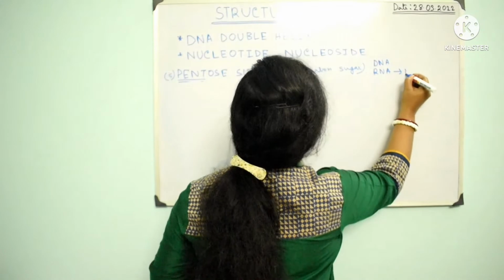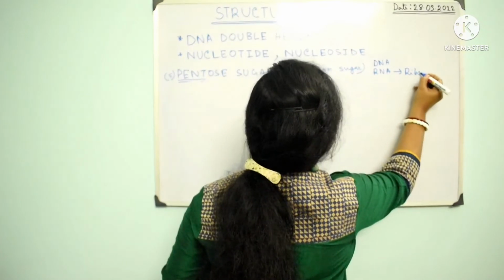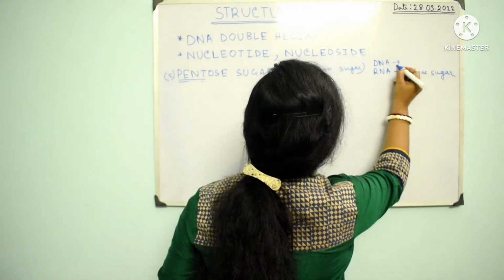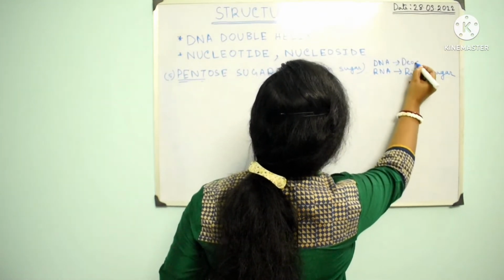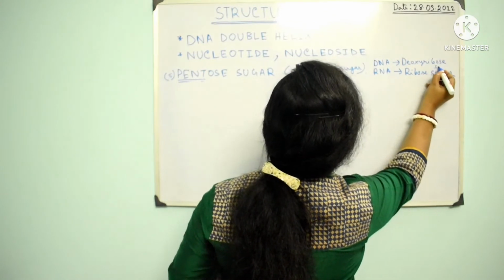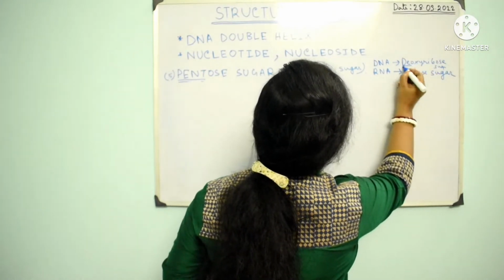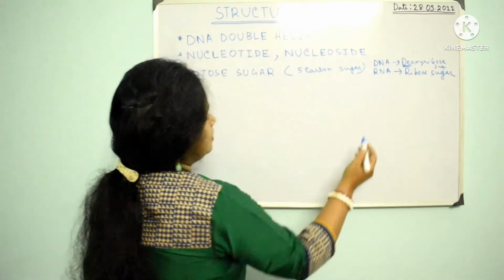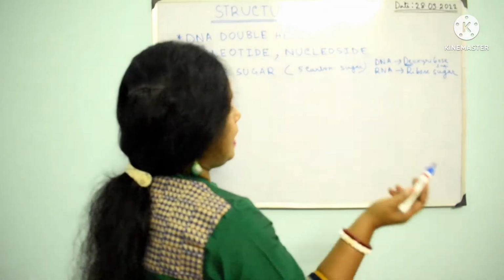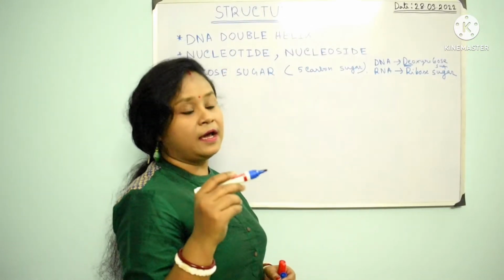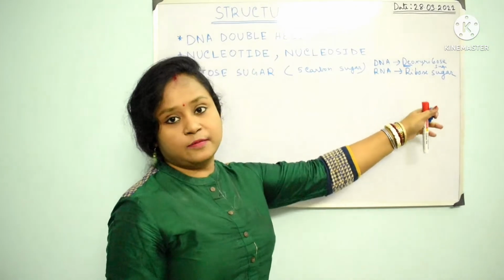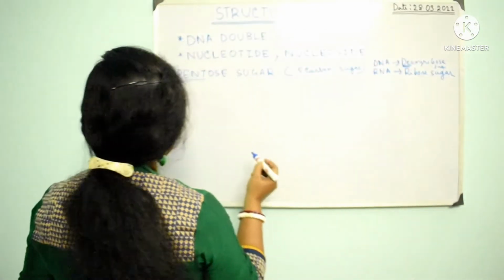In RNA, ribose sugar is present, and in DNA, deoxyribose sugar is present. So first of all, we are going to draw ribose sugar, and then I will show how deoxyribose sugar is formed from ribose. Let's draw.